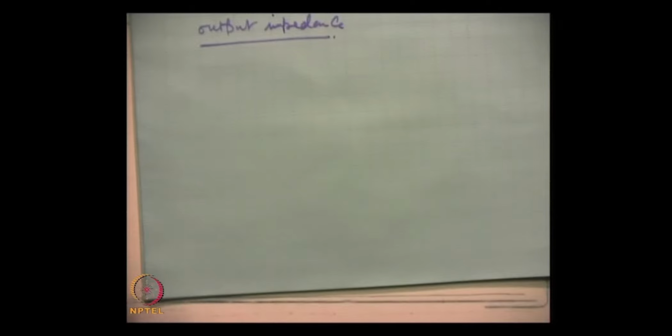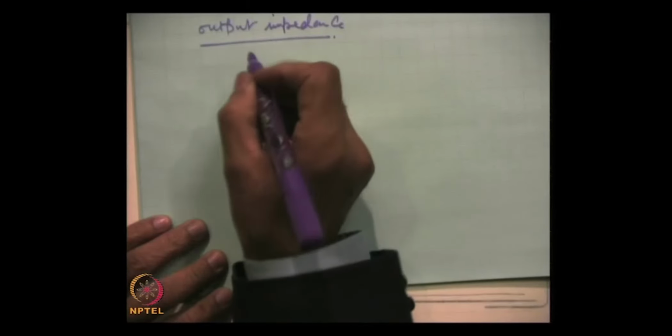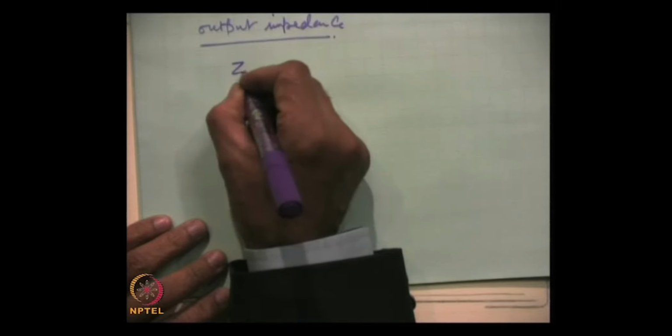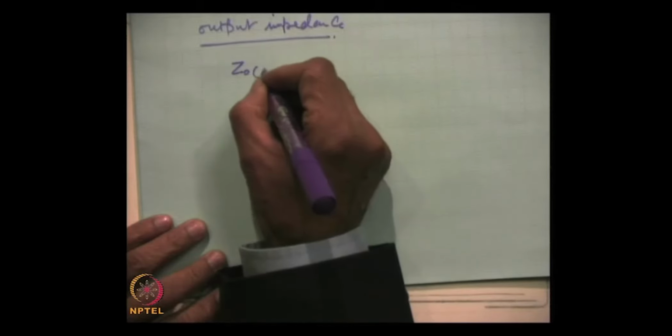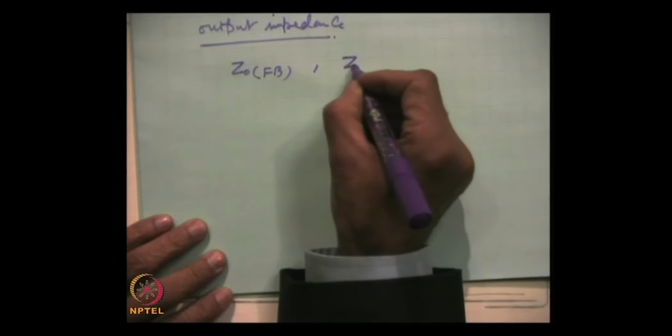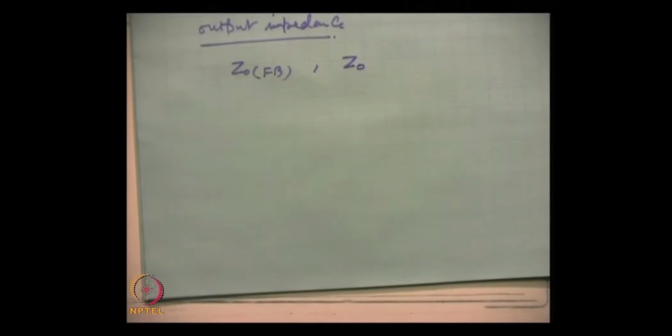Output impedance for the amplifier under investigation, and which amplifier we are investigating? Voltage series negative feedback. And for this, now we have to find out the expression. The objective is to find out the expression for output impedance with feedback, how it is related with Zo, that means the output impedance without feedback.